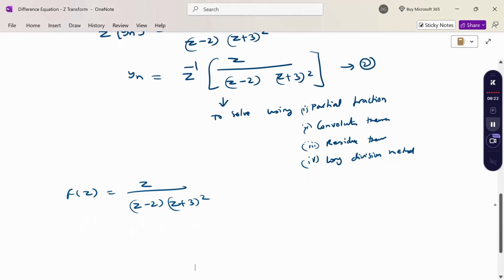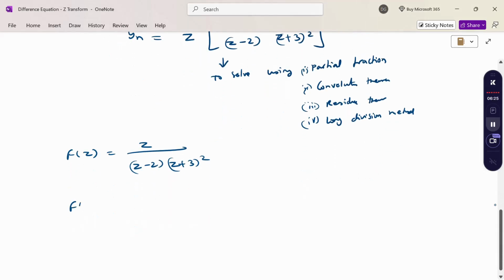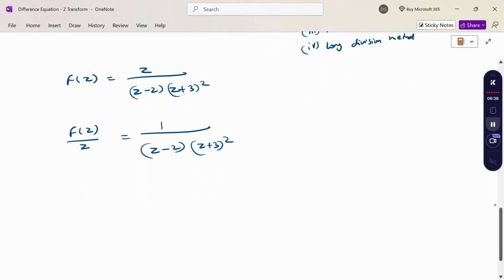Now the numerator z I am taking to the left hand side: F(z) by z equals 1 divided by (z minus 2)(z plus 3) square. I'll take this term as equation number 3.